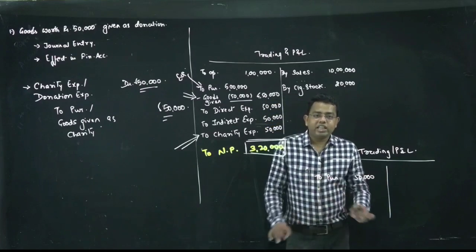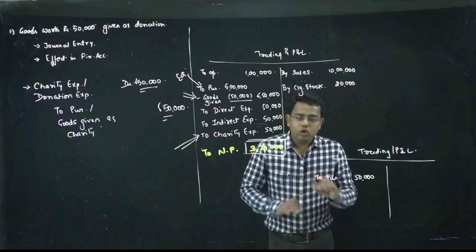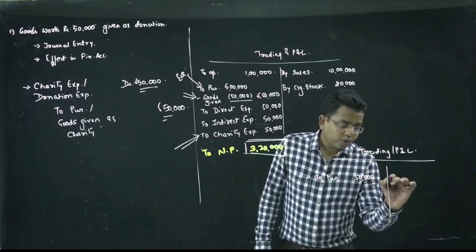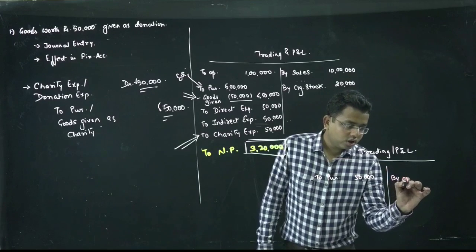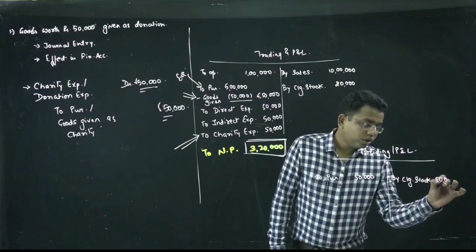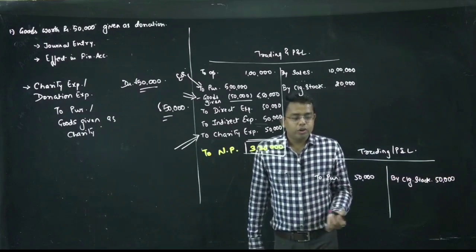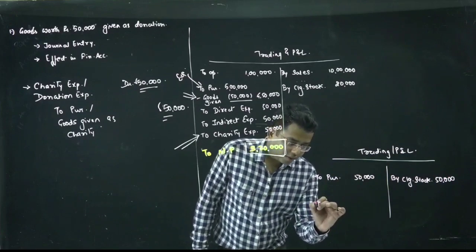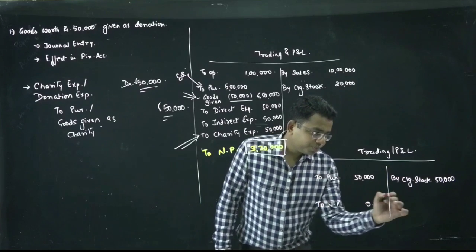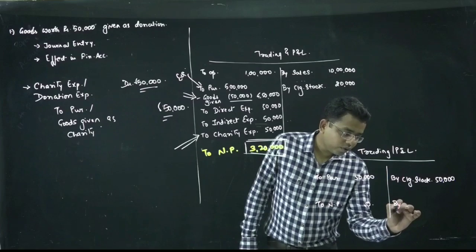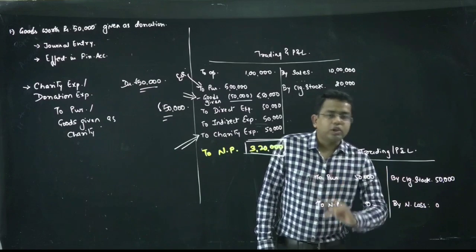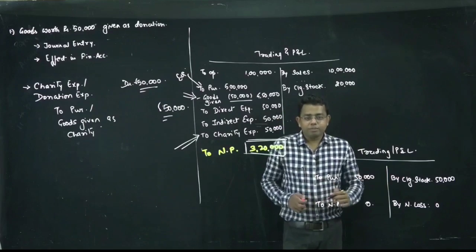I have not done any charity, I have not sold anything, I have not done anything. Then what will be my closing stock? Closing stock 50,000. Yes, the goods are with me. What is my net profit? 0. Or you can say, what is my net loss? 0. This is a very simple thing.